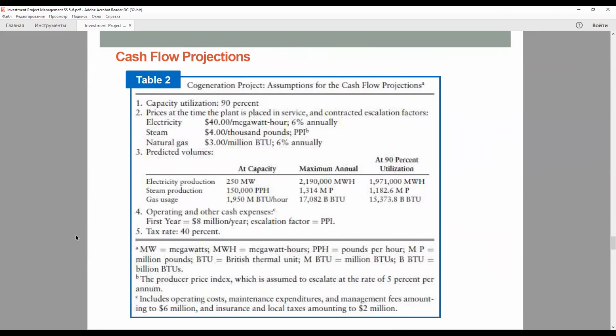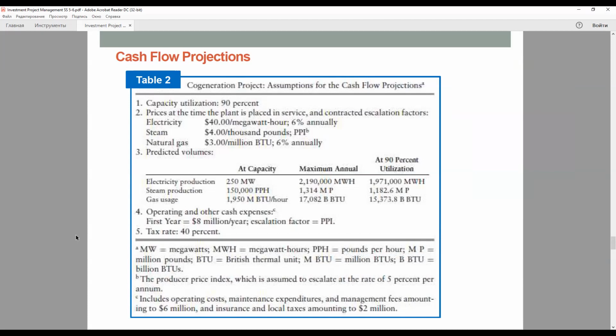They establish the base output levels for 15 years, and the electric power purchase agreement specifies electricity prices. The steam purchase agreement provides base steam sales prices, which can be escalated using a forecast of future changes in PPI. The projected volumes and prices can be used to forecast annual revenue amounts. The design of the cogeneration facility will determine the annual levels of gas usage.